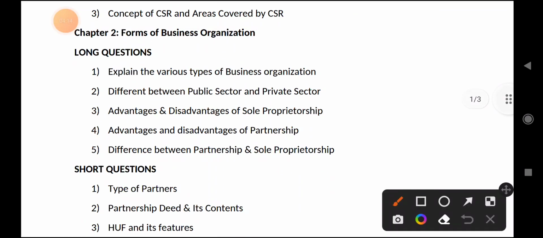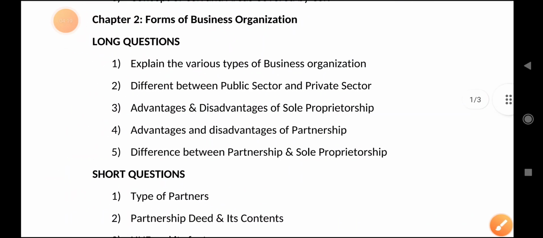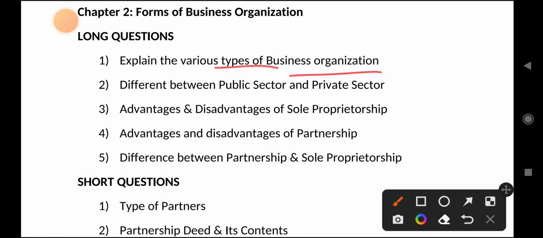Next, forms of business organizations, types of various business organizations. Under this, the various types of business organizations are private sector, joint sector and public sector. That classification is there. So don't forget to write all those things.